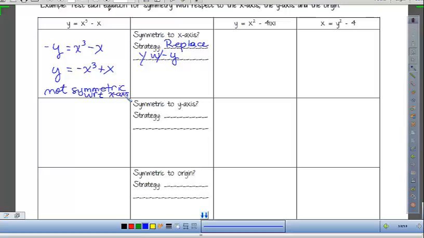All right, what if I tried it in this other function? Y equals x squared minus 4 times the absolute value of x. Again, I'm going to replace y with negative y.